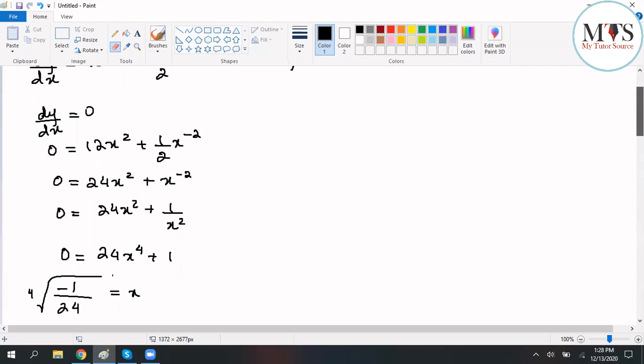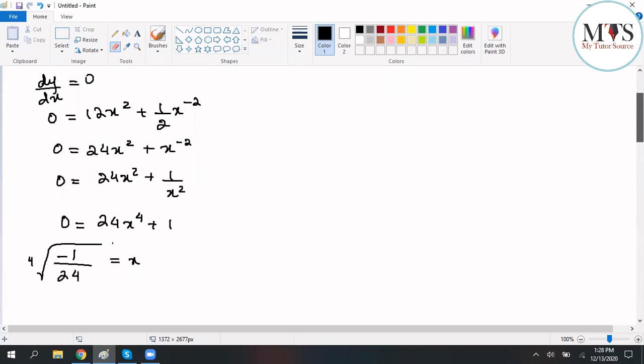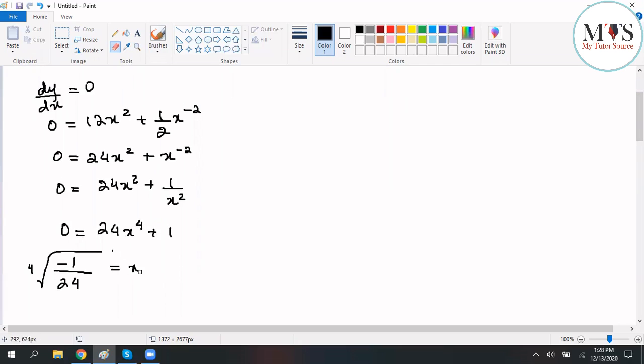So this way you get your stationary points. Once you have a coordinate of x, you plug it back into the equation of the curve, which will give you the value of the y coordinate.